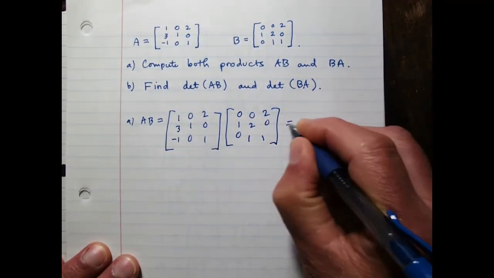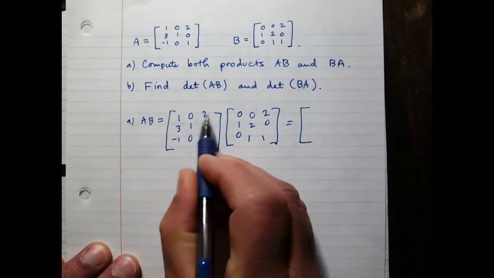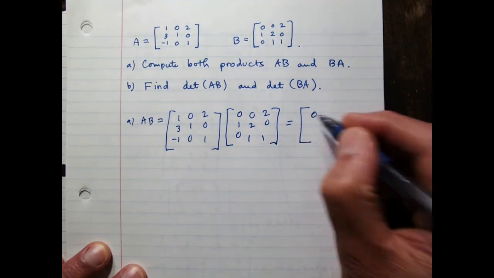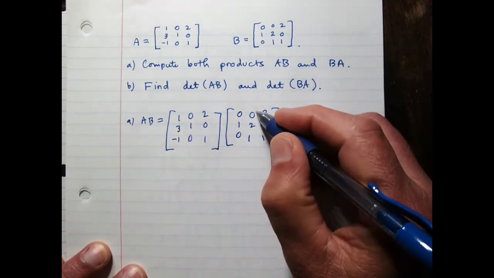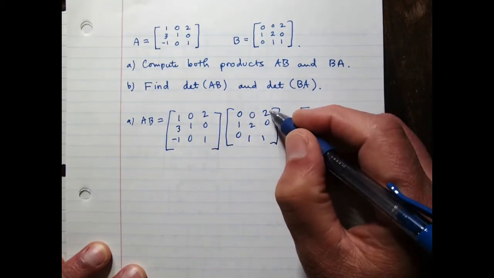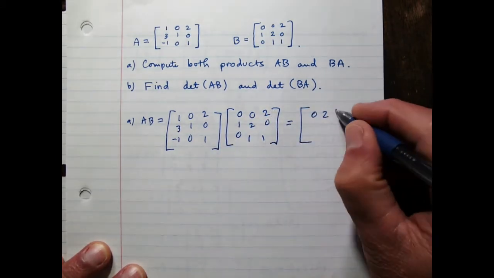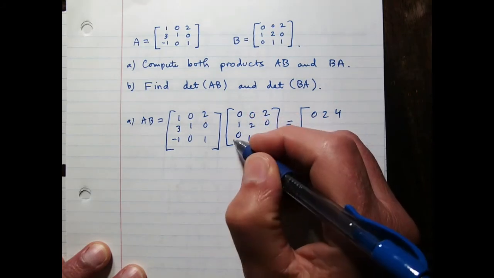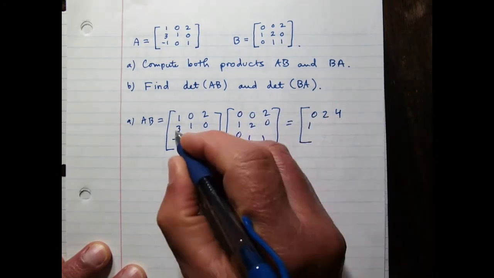So let's see what AB turns out to be here, going across first row. First column, I think I get 0. First row, second column, I think I get 2. First row, third column, 2 plus 2 is 4. Second row, first column, I think I get 1.